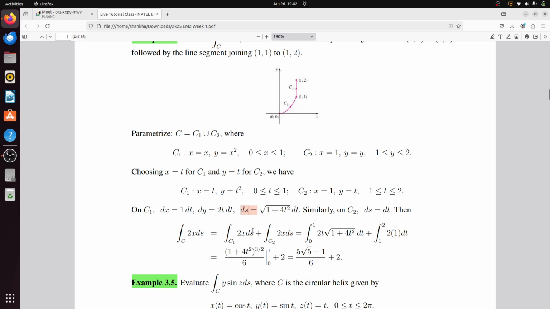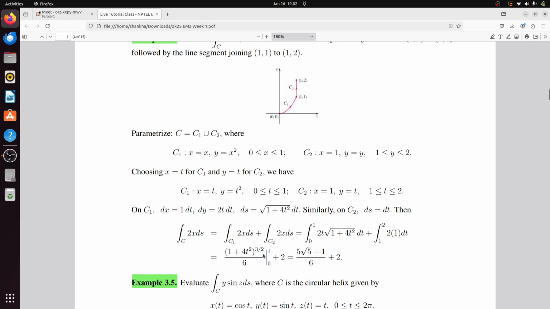Then 2x ds, so in place of x you need to put 2t. So your integration is like this: 0 to 1 of 2t square root of 1 plus 4t square dt, plus 1 to 2 of 2 into 1 dt, since here also you will get 2x. So I think you have made a mistake in the integration itself.